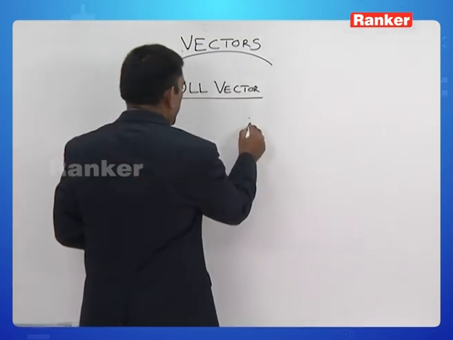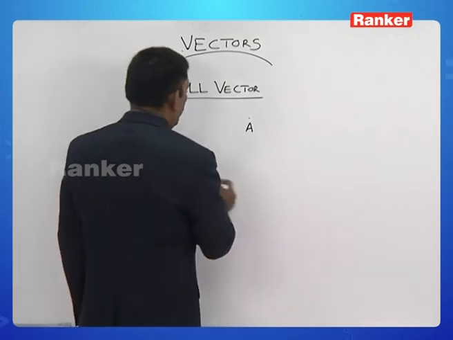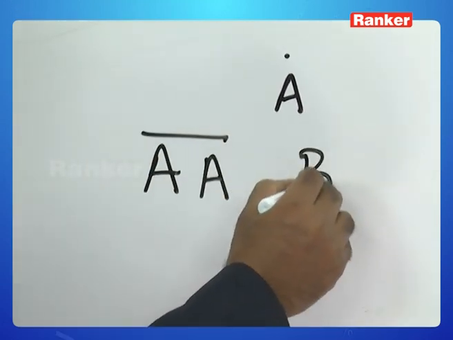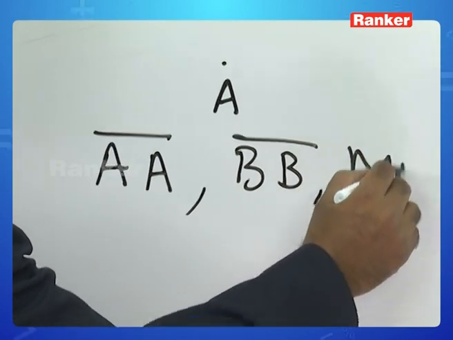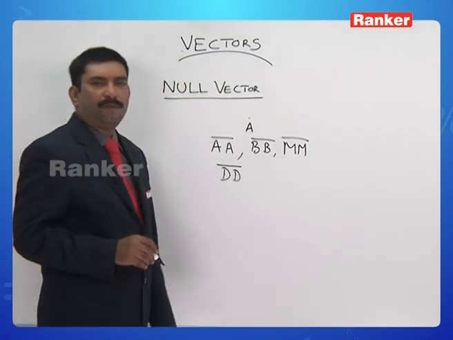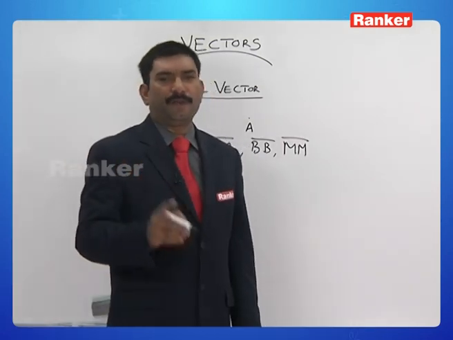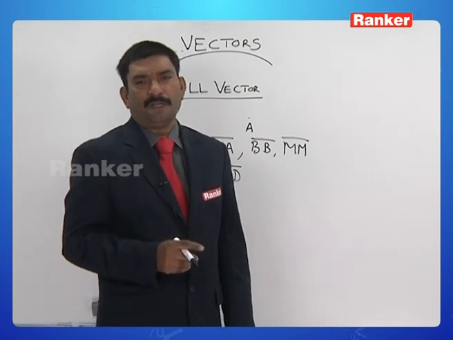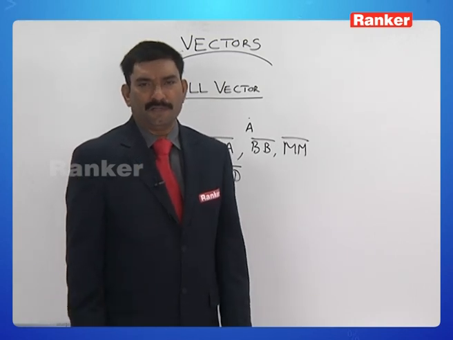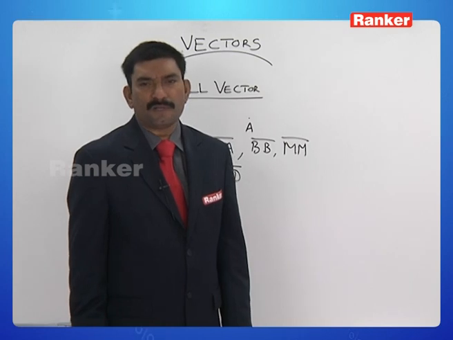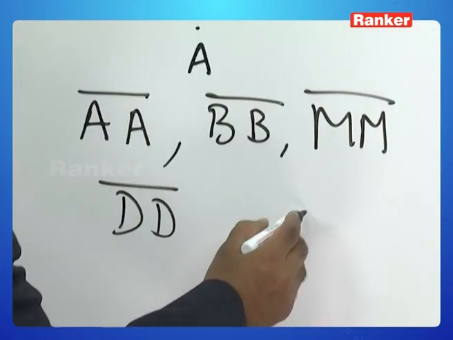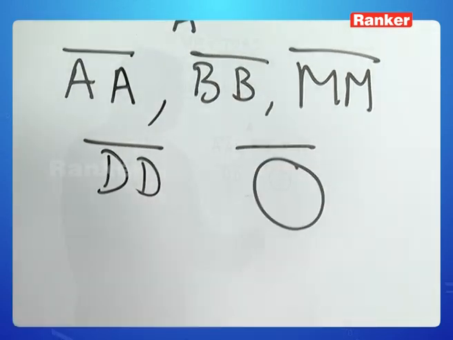If I take this as A, the null vector is denoted by AA bar or BB bar or MM bar or DD bar. Wherever you come across vectors having the same initial point and terminal point, those vectors are known as null vectors. A null vector is denoted by 0 bar.